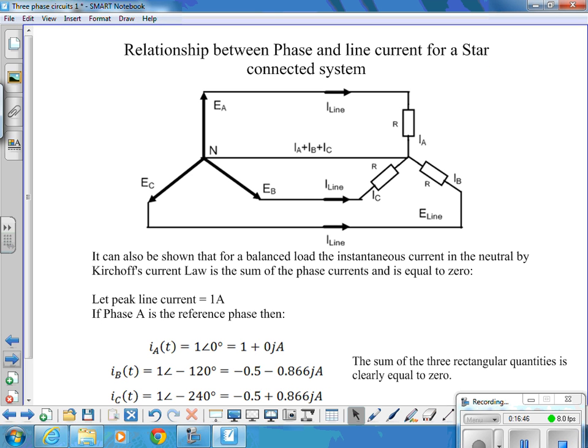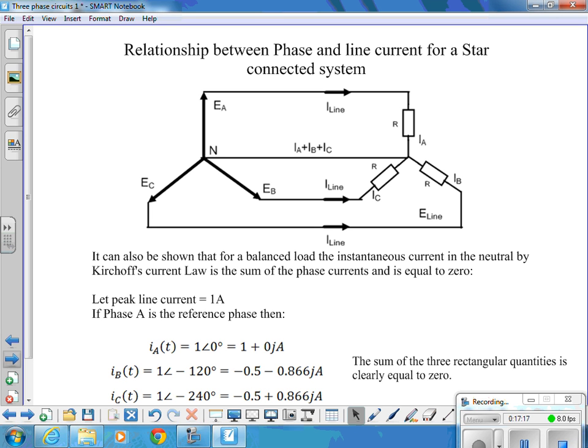the fact that that can show that in a balanced load, so if everything is equal, all the line voltages are equal, the three impedances are equal, we've got a perfectly balanced load, IA and IB and IC are equal in magnitude, and the phase angles are exactly 120 degrees, we can prove that the instantaneous current flowing in the neutral is 0.